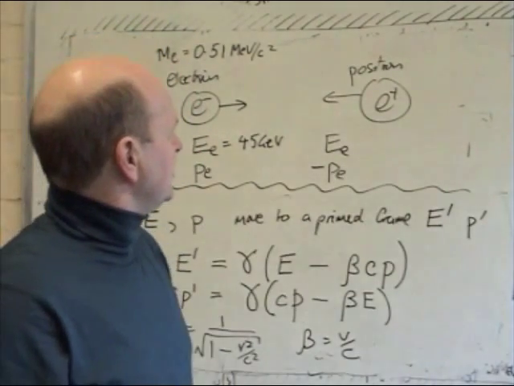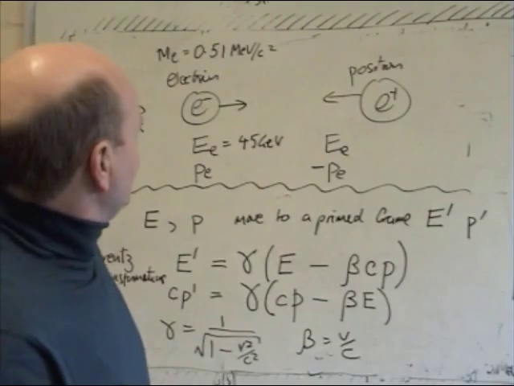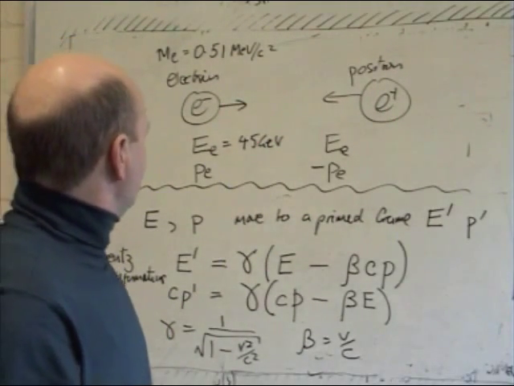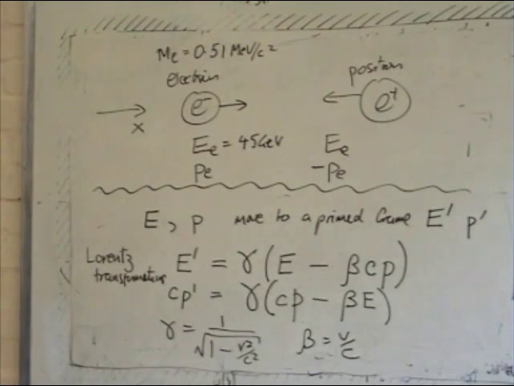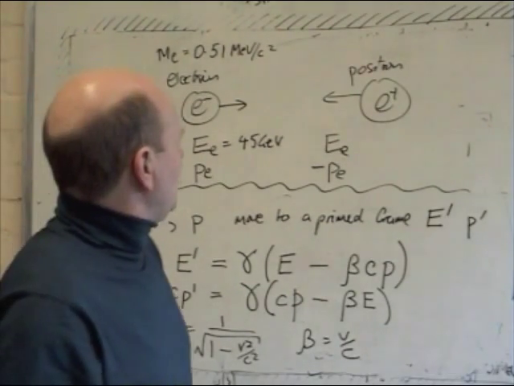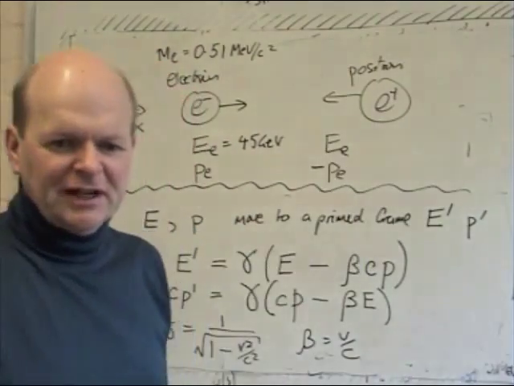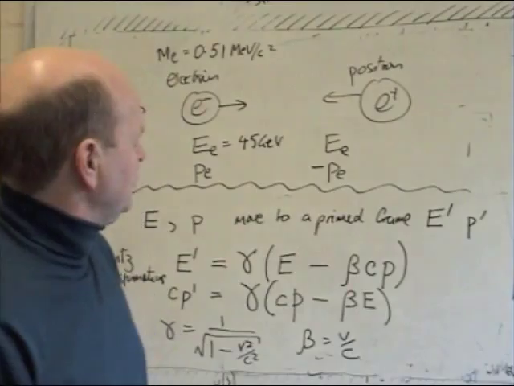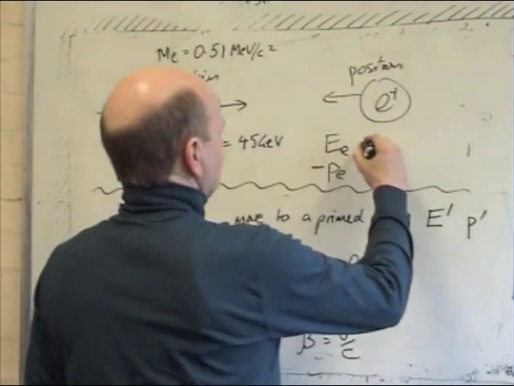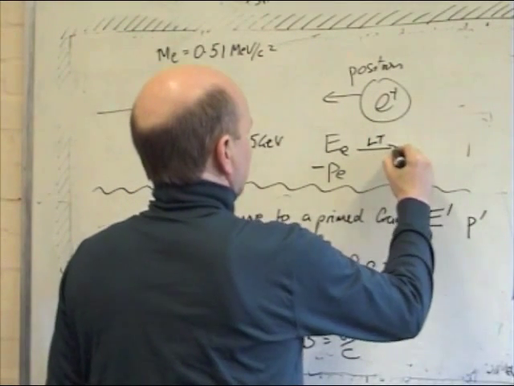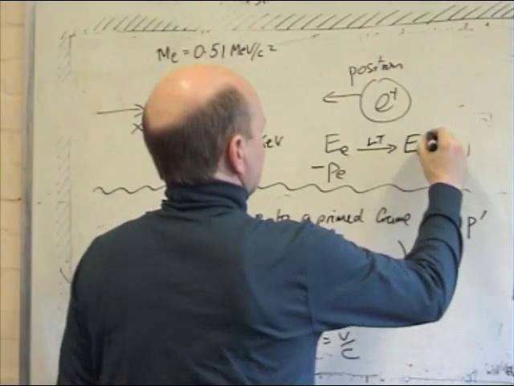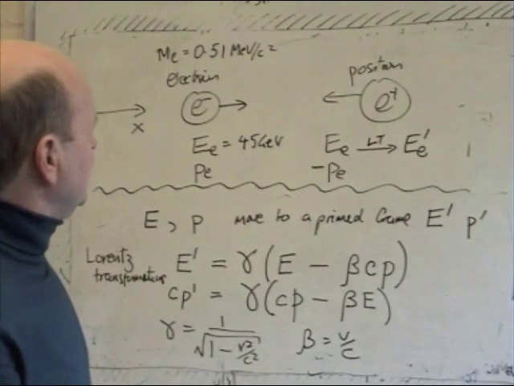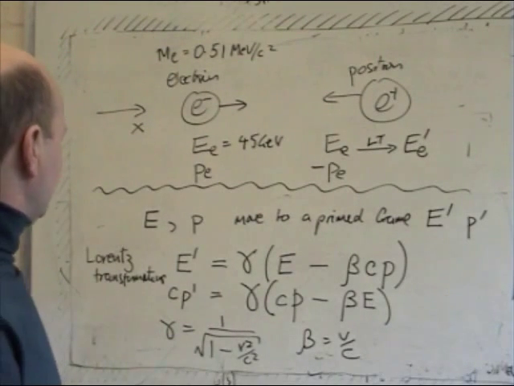But the positron is a completely different story, because that positron is moving to the left in the centre of mass frame. If we're running along at the same velocity as the electron, the positron is going to be moving even faster to the left in the rest frame of that person who's running along, and therefore its energy is going to increase. And so what we want is to use a Lorentz transformation to calculate E sub positron primed, the energy of the positron in the rest frame of the electron.